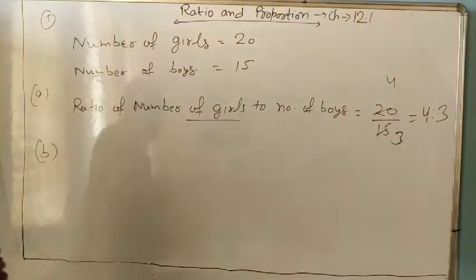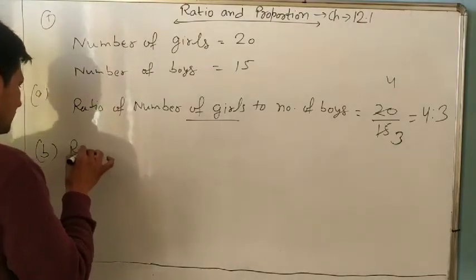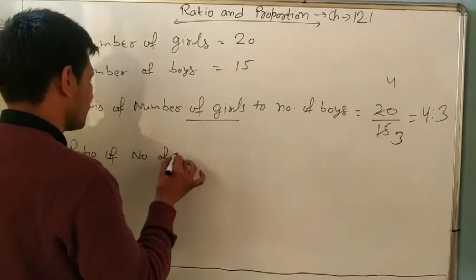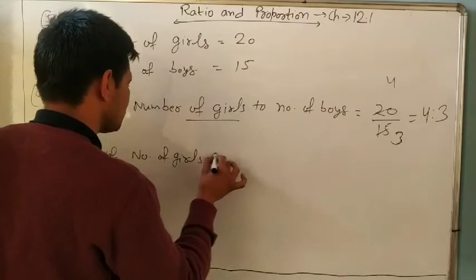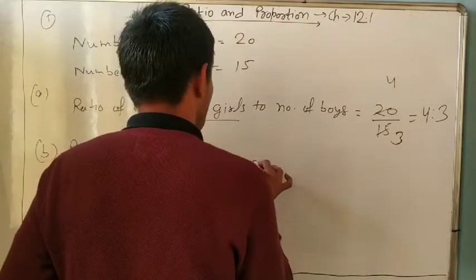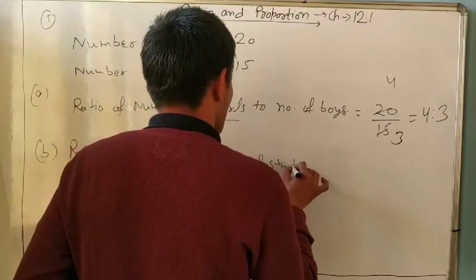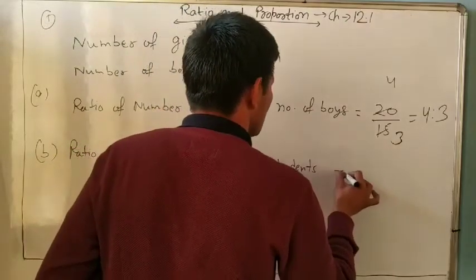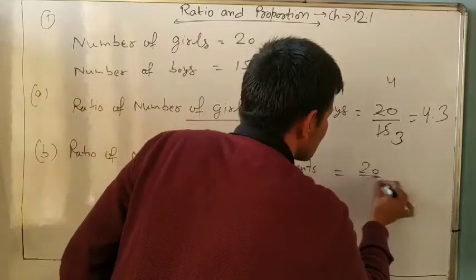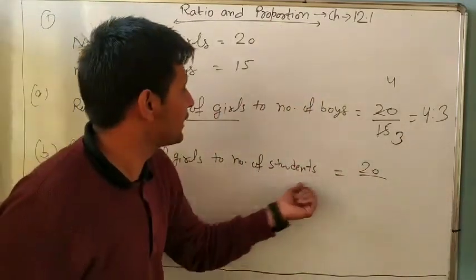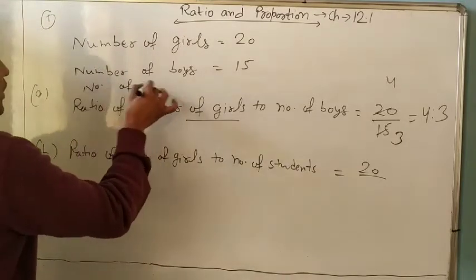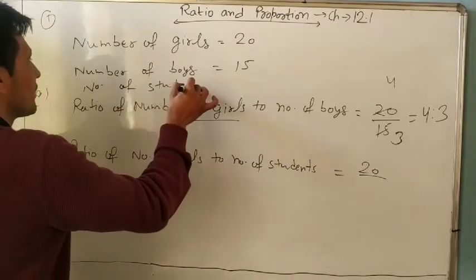Next, ratio of the number of girls to number of students. So number of girls is how many? 20. So first girls is given, so first 20. And students, how many students?